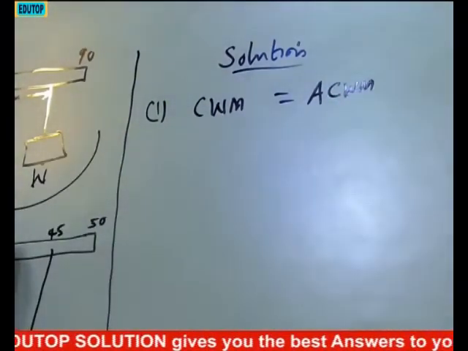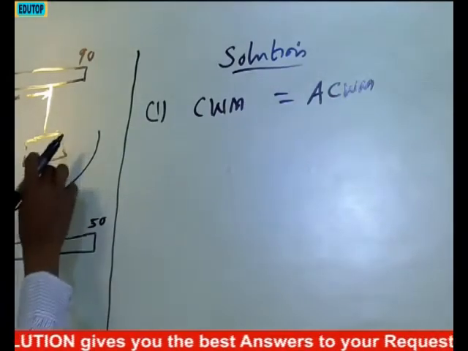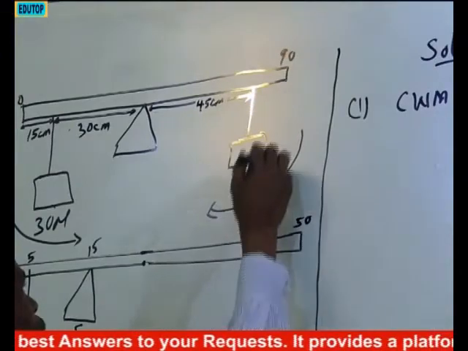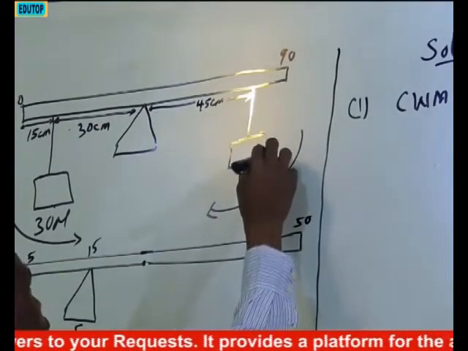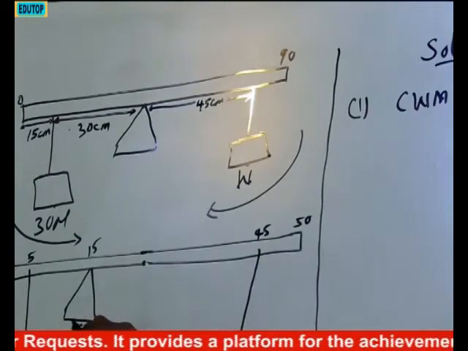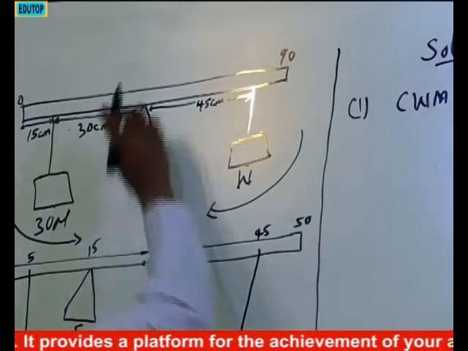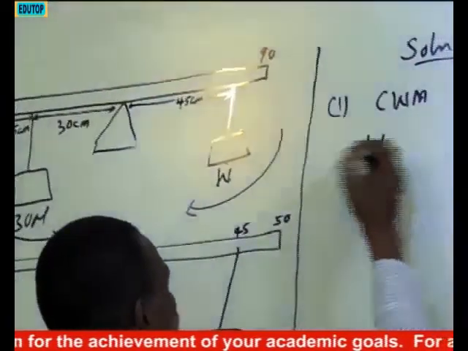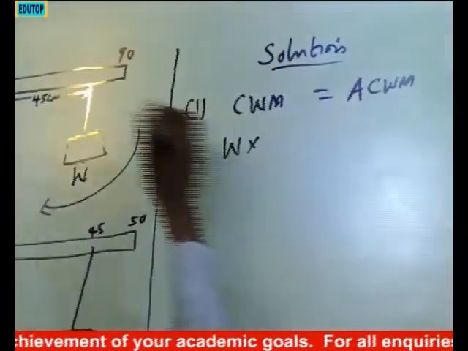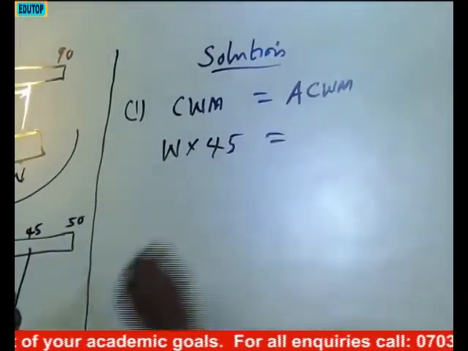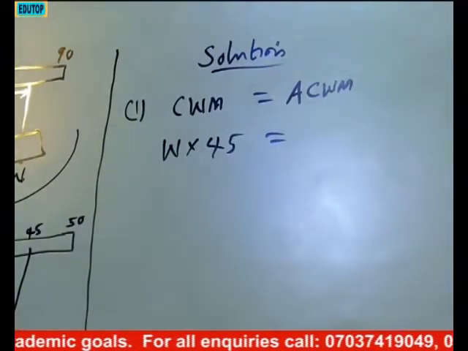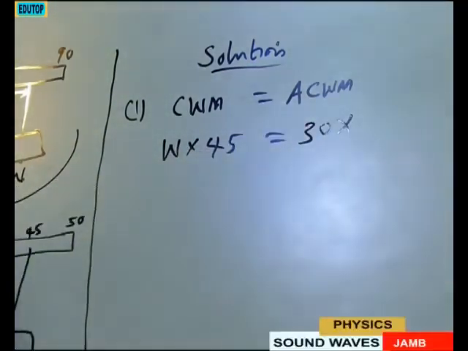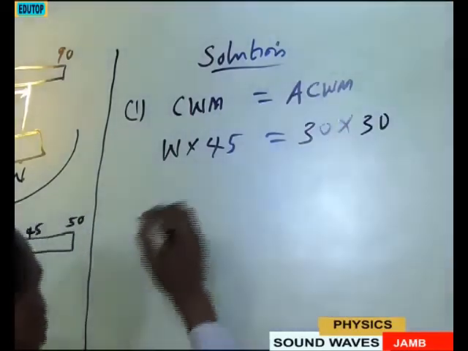For clockwise, we are going to multiply the weight with 45, because we are taking our moments from where we have our weight or the load to the pivot or the fulcrum. So for the clockwise moment, it's going to be W times 45, which is equal to, for anti-clockwise, 30 times 30. And what we are going to have is this.